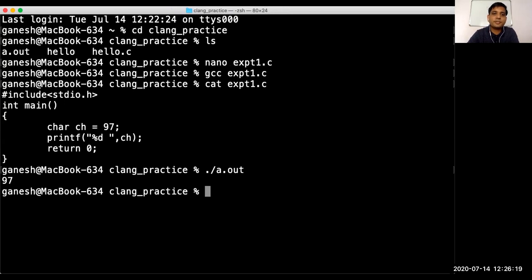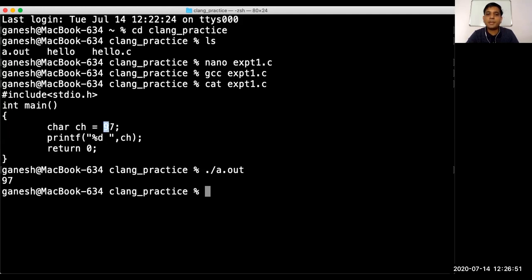Surprise. Why is there a 97? Whatever we have learned is the theory part, but theory is totally different from the practical, so I have to point that out here. In theory, in a char we can store character values, but the character value should be enclosed in single inverted commas.